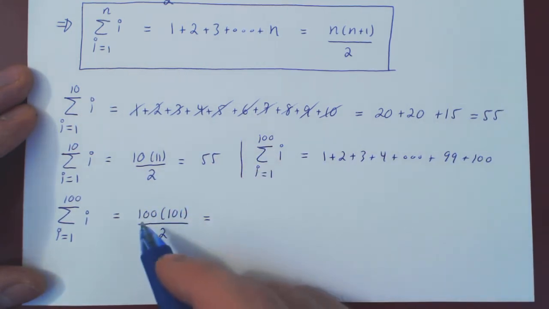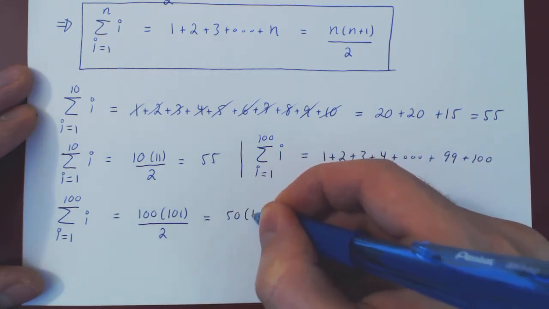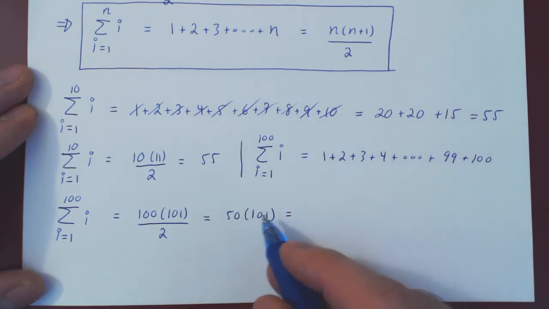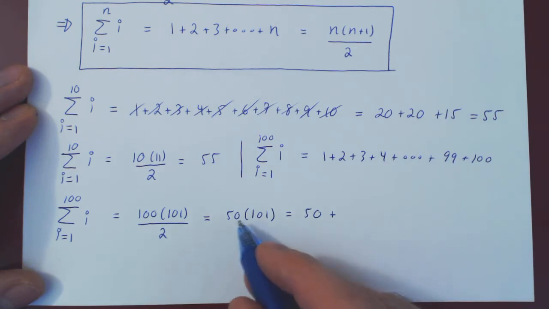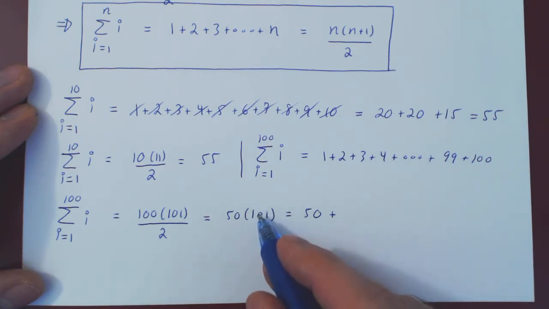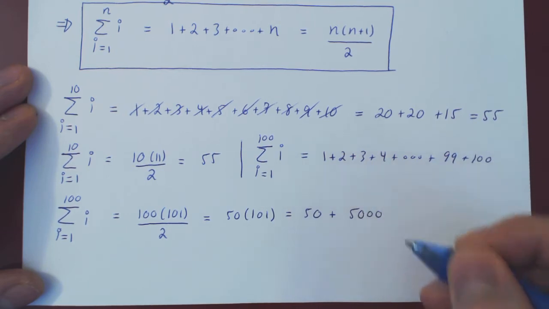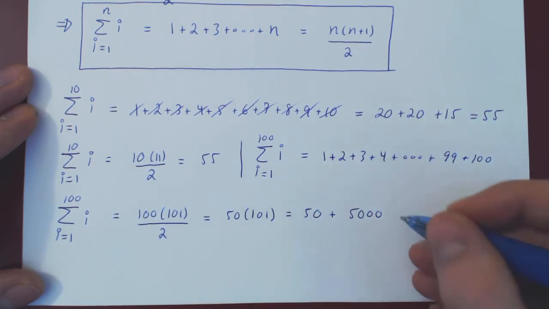Well, let's see. 100 over 2, that's 50. 50 times 101. Well, let's break this up. 50 times 1 is 50, plus 50 times 100 gives you 5,000. So in the end, it's just 5,050.